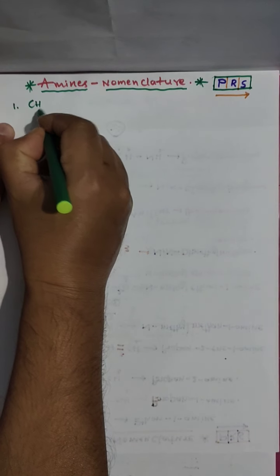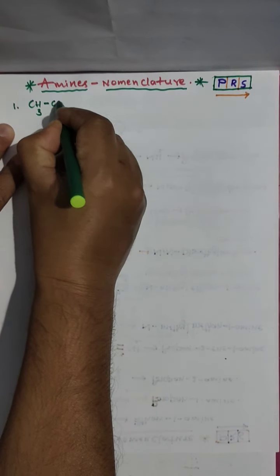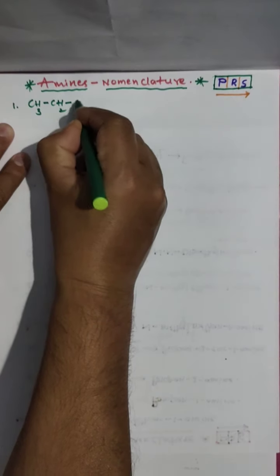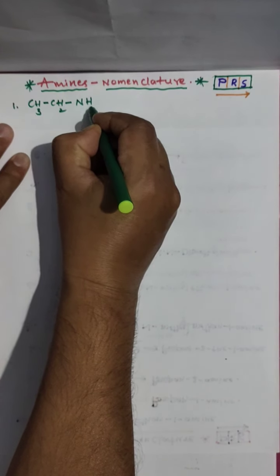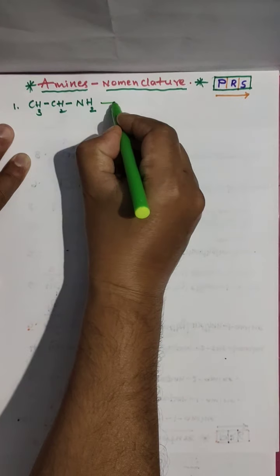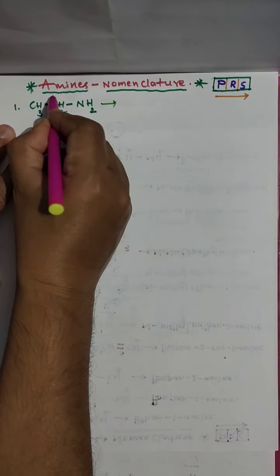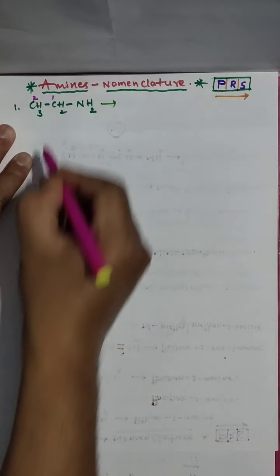First I am starting. CH3-CH2-NH2 is given. Now we have to write the name of this chain. Go for carbons: 1, 2.